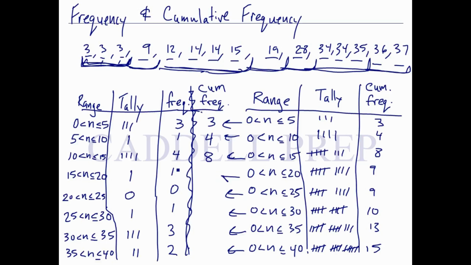Then again, next group, add 1, we have 9, add 0, we still have 9, add 1, we have 10, add this 3 is 13, then finally add this 2 is 15. And you'll see that this column is the same as this column.